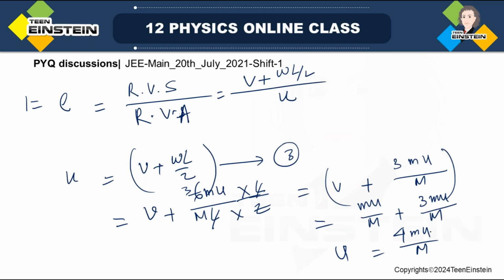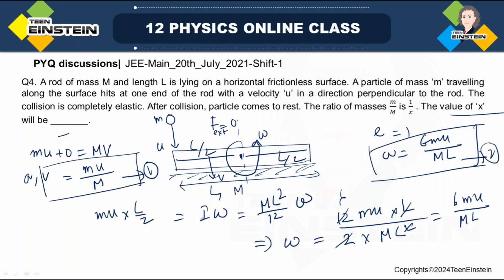Then look what we get. This u cancels each other, and finally what we'll be getting? So you will be getting capital M by small m is equal to 4. Here what ratio we have to find out?